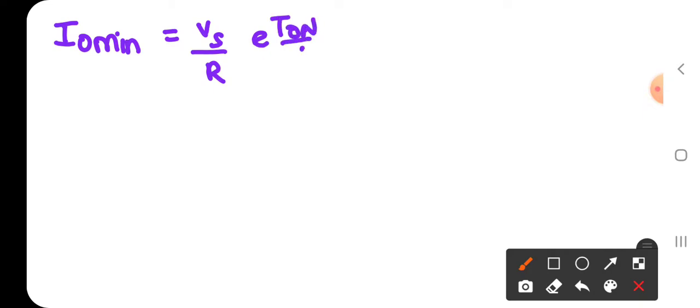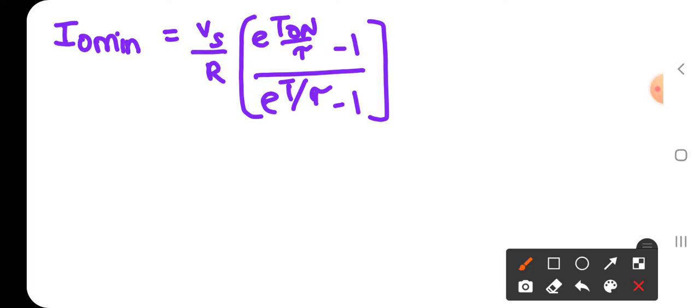We know that IO min is equal to Vs by R into e power T on by tau minus 1 over e power T by tau minus 1, and there is no EB by R.